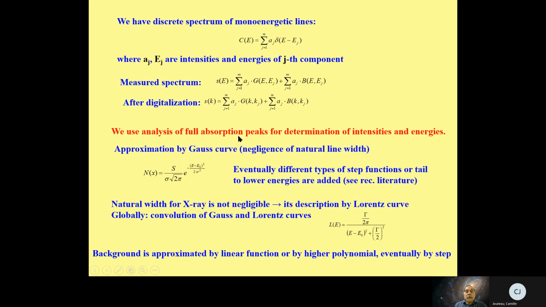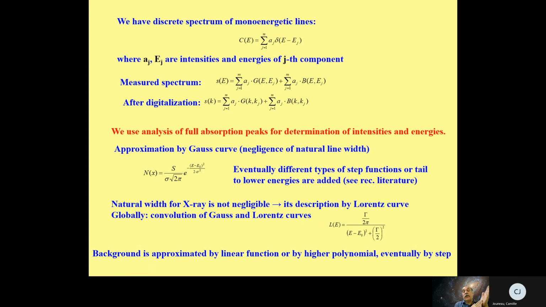For these full absorption peaks, the best approximation is the Gauss curve, and it is possible to neglect the natural line width, which is given by the lifetime of the excited states.